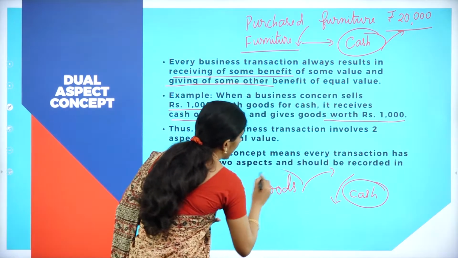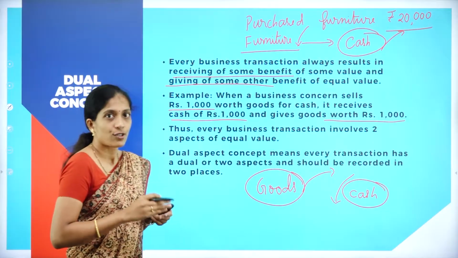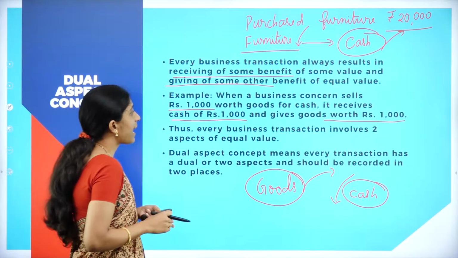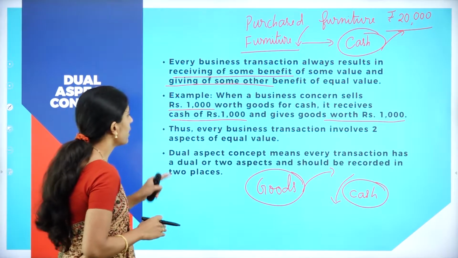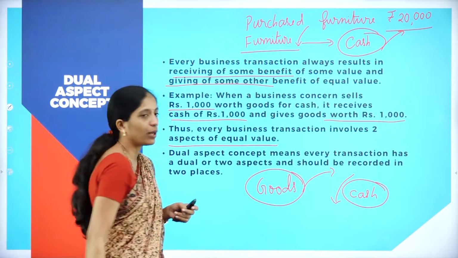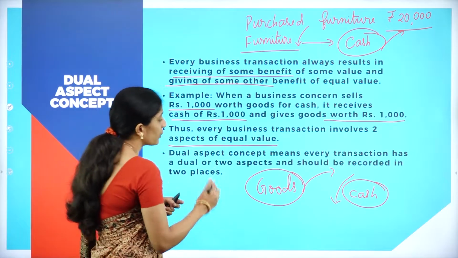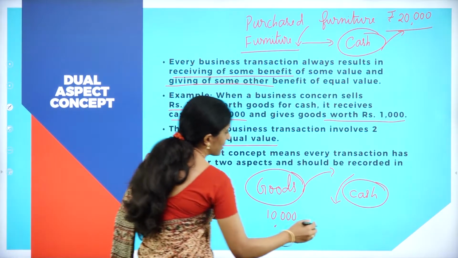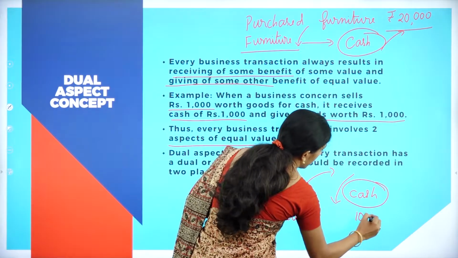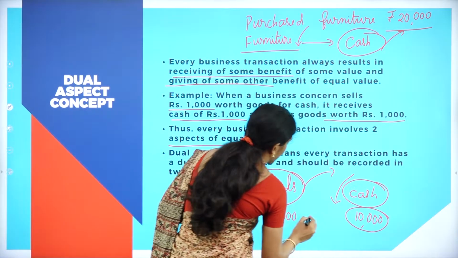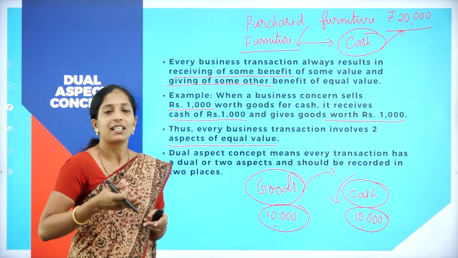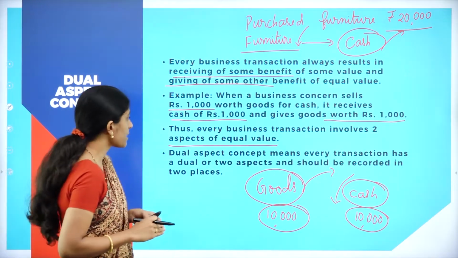One is going and the other one is coming. So, one is giving effect, other one is taking effect. Thus, every transaction involves two aspects of equal value. Of course, goods worth rupees 10,000 go out of the business, whereas cash worth rupees 10,000 comes into the business, but the value is same. Whether it is giving or whether it is taking, the value is same.